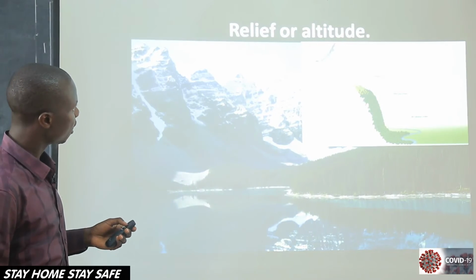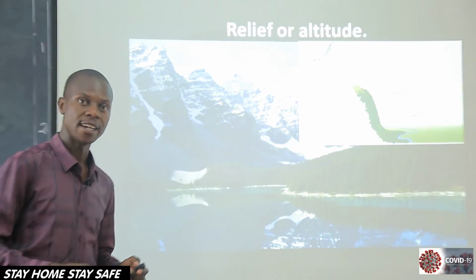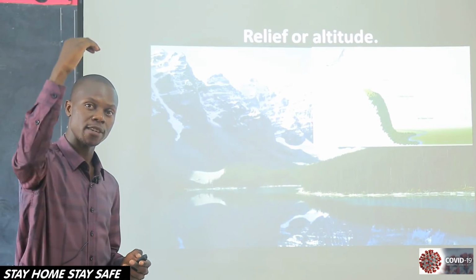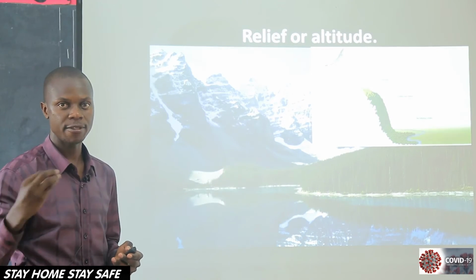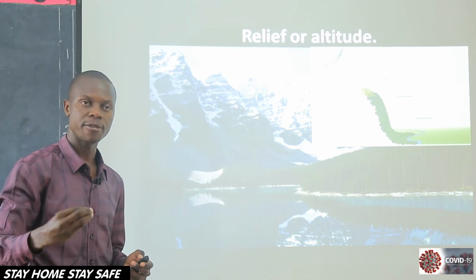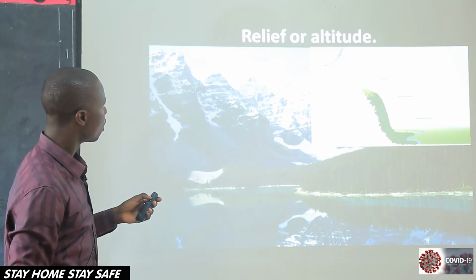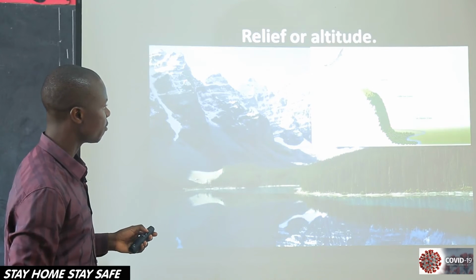I can quickly remind you what altitude is. This is the height above the sea level. So at whatever level you take as you're moving above, you get a different kind of vegetation. These two factors are very important in determining vegetation, okay?